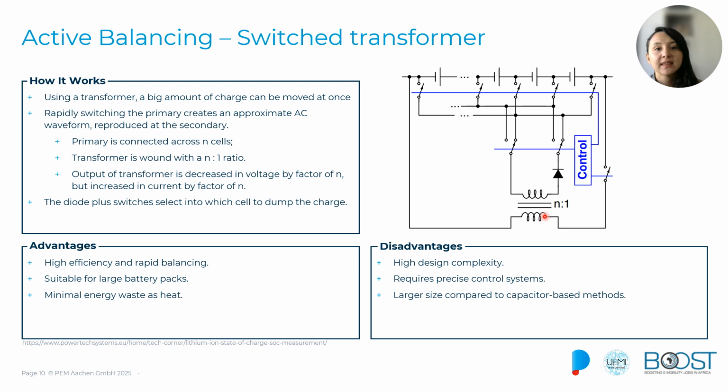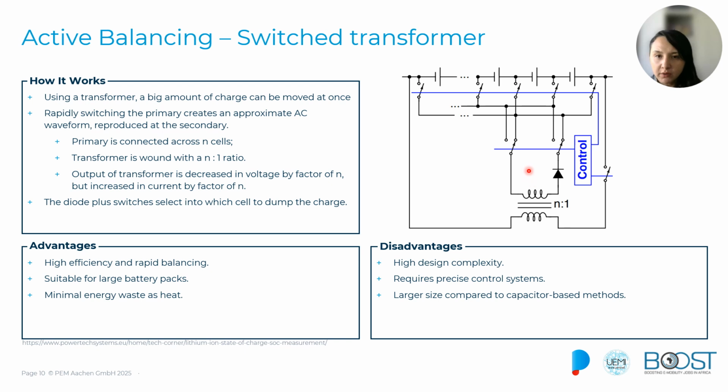Then this alternating current waveform, this AC waveform, will generate a magnetic field in the core of our transformer, and this will induce then a proportional voltage in the secondary winding. The voltage that is going to be produced in the secondary winding will depend on the turns ratio of our transformer that we can see over here.